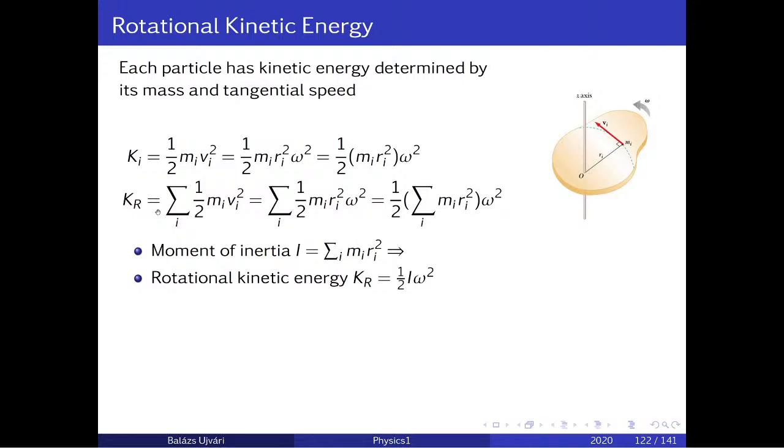And if you want to calculate the full kinetic energy of the body, you can sum over all these small volumes of the body, and this sum will give you the moment of inertia.